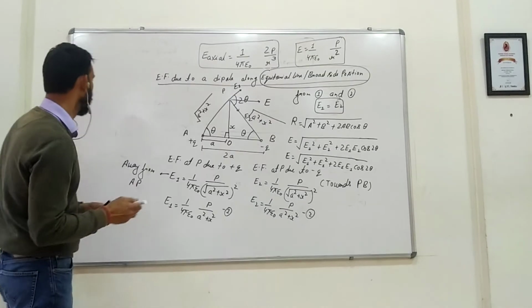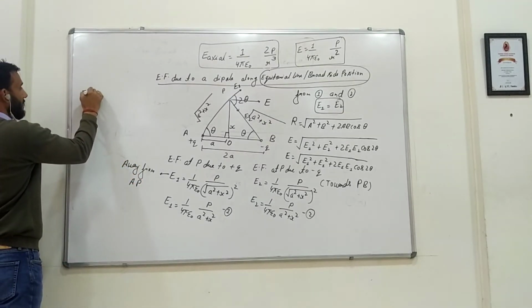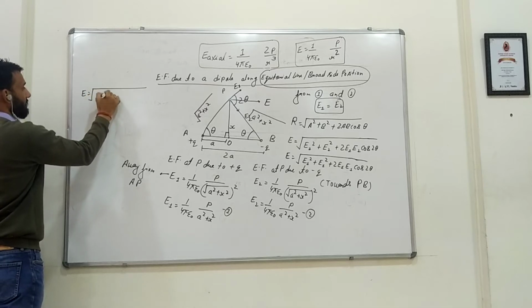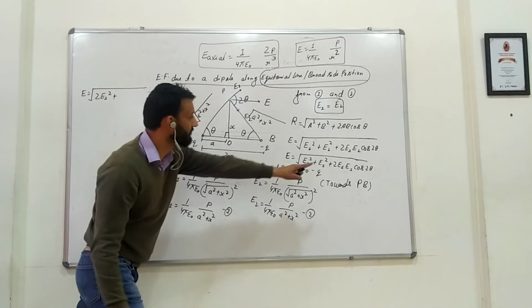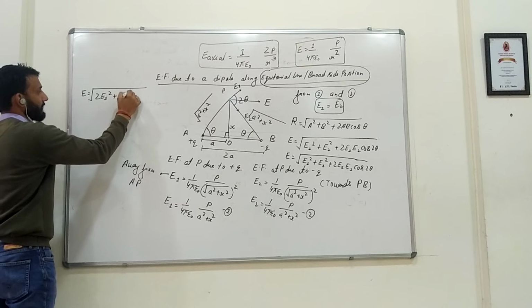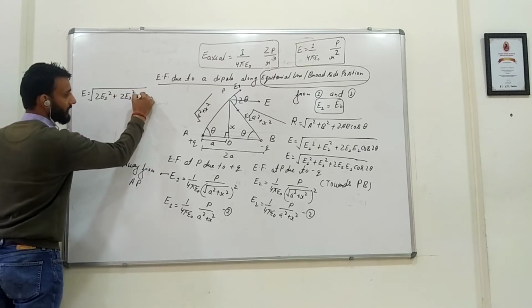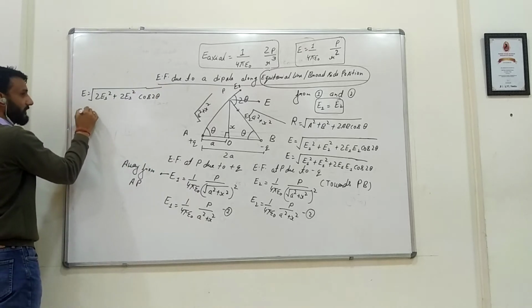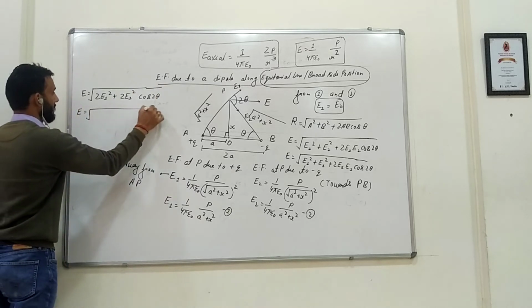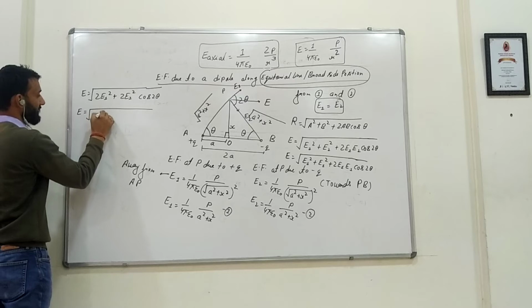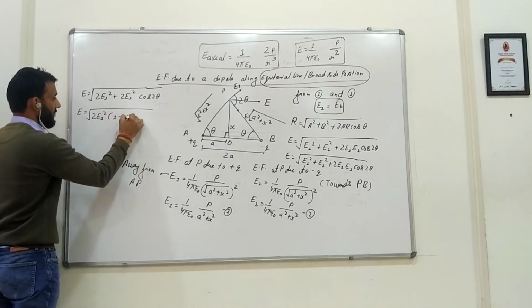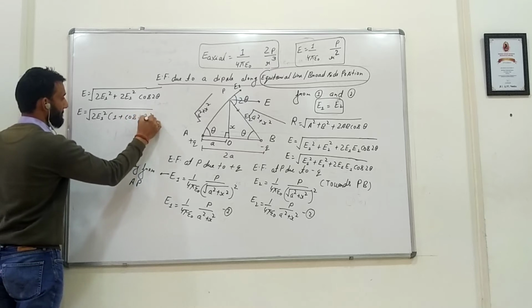If I solve this, I will get E is equal to under the root 2 E1 square plus E1 into E1, 2 E1 square, and then cos 2 theta. E is equal to under the root, I am taking 2 E1 square common, 1 plus cos 2 theta.